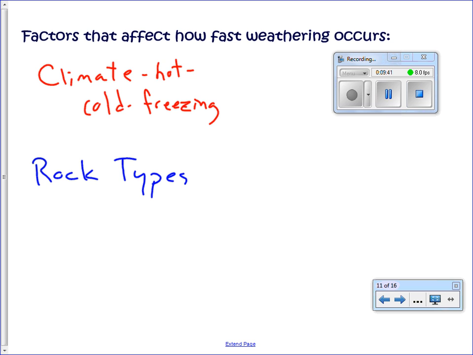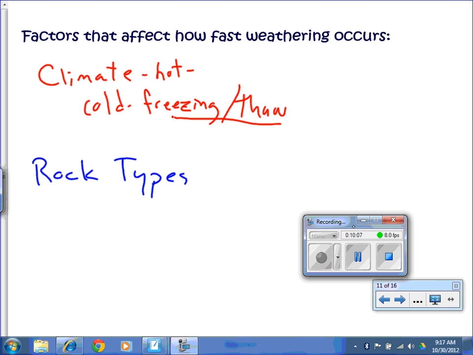And here in Colorado, we have freeze, thaw. We have a lot of sunny days here in Colorado, even in the wintertime. So it freezes at night, and then the sun shines and it melts and the water goes through the cracks in the rocks, the cracks in the streets, the cracks in the sidewalks, cracks in your windshield, and then it freezes and expands. And so freezing and thawing makes it go much faster.